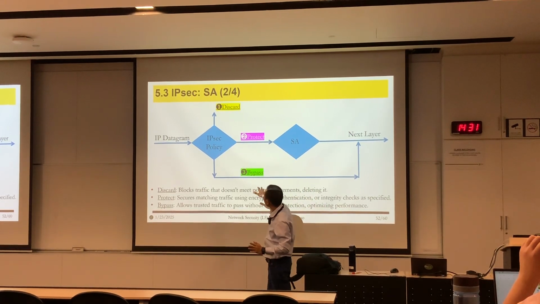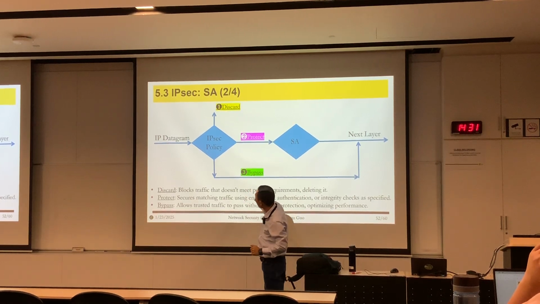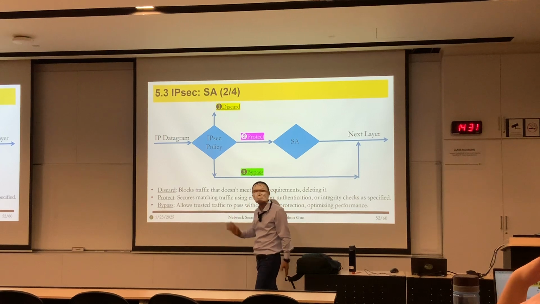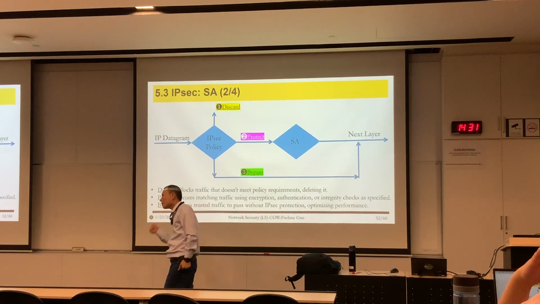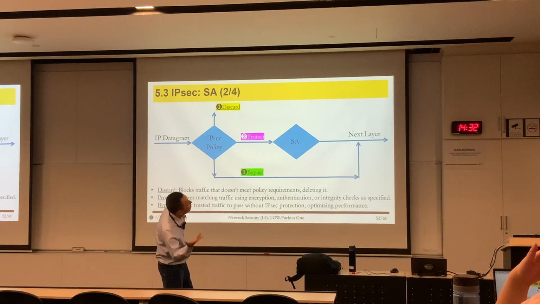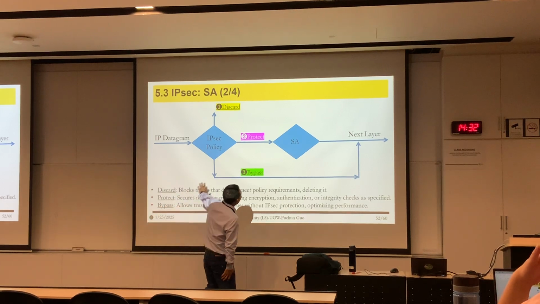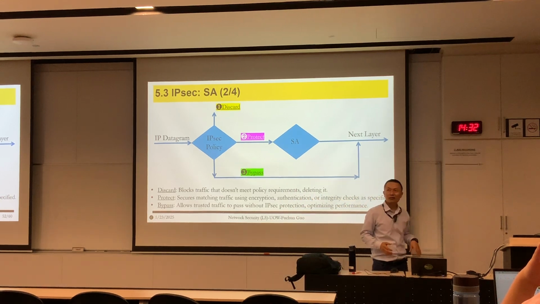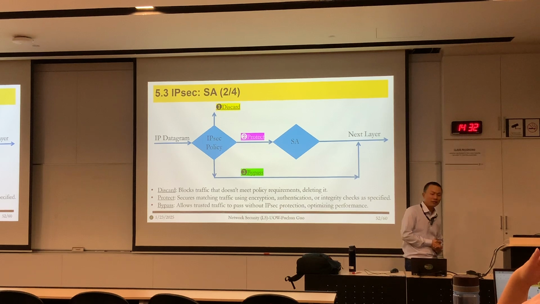Some IP packets will go by bypass, which means those IP packets will not be protected by the IPsec protocol. So the adversary can still drop those IP packets sent through this path. You cannot claim yes, the adversary cannot eavesdrop anything. That's the joke answer. You will get zero.